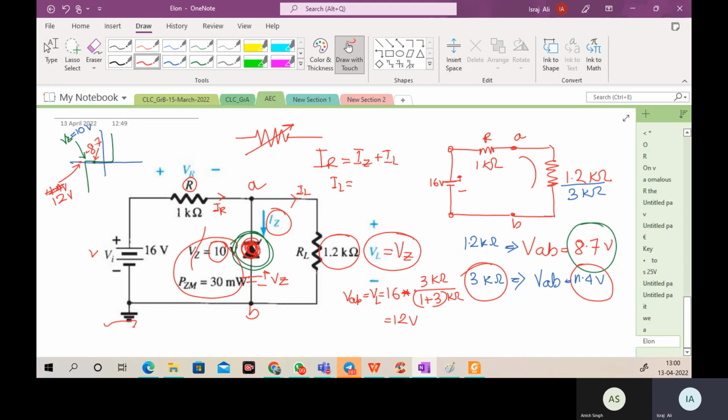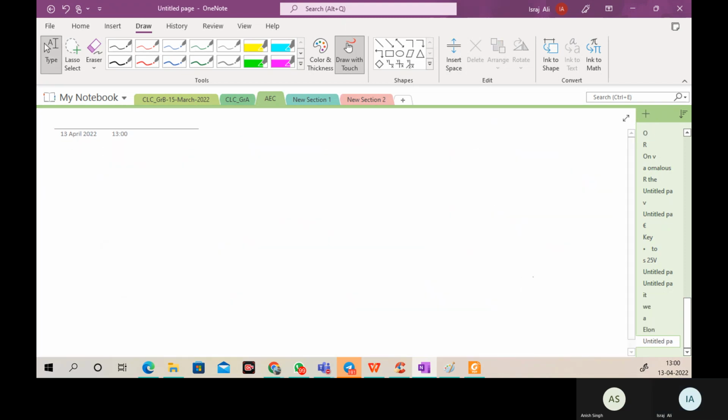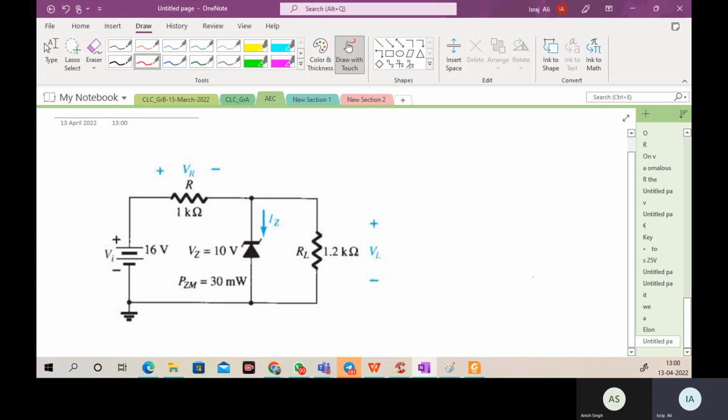I can explain this further on the next slide. Now look here. Across points A and B, my zener voltage is fixed.